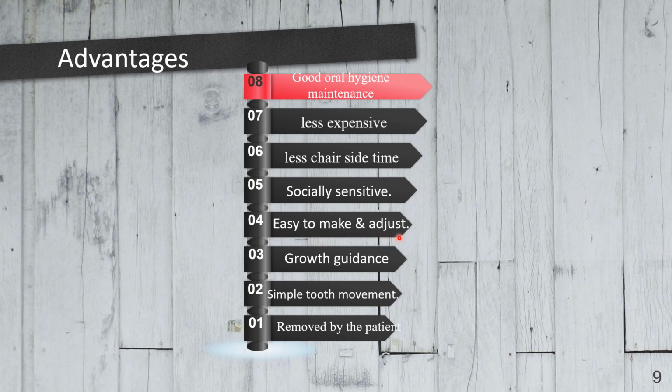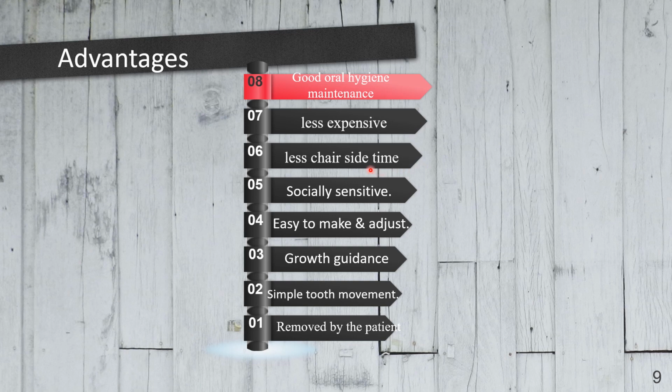Also, in socially sensitive cases, the patient can remove the appliance from the oral cavity, and also the removable appliance needs less chair side time, as opposed to the fixed appliance, which needs more time in the clinic for fixing and for adjustment.